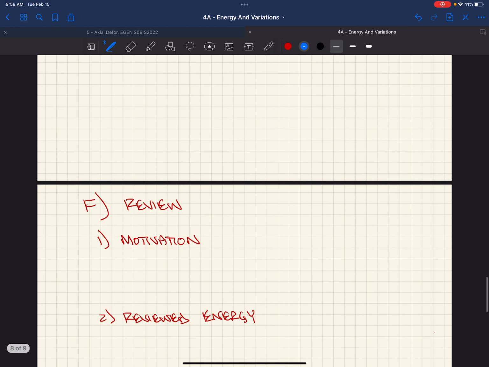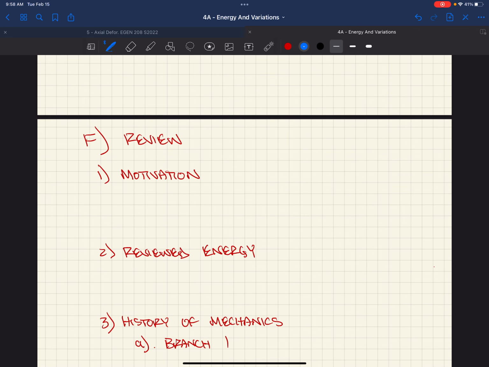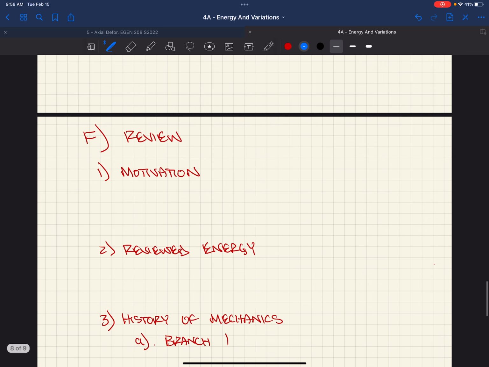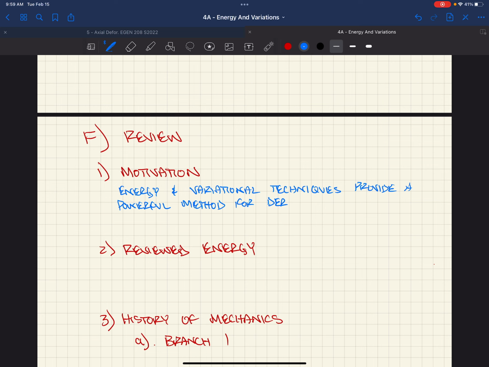So if we go back to a review of our energy and variations, our motivation here is that energy and variational techniques provide a powerful method for deriving many elements in the finite element analysis method, in FEA.